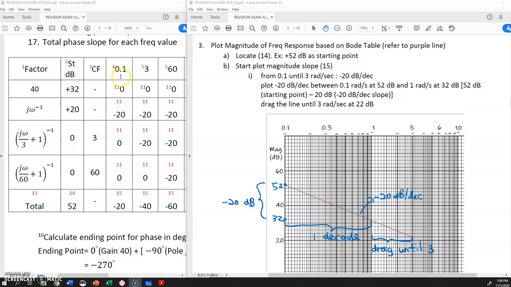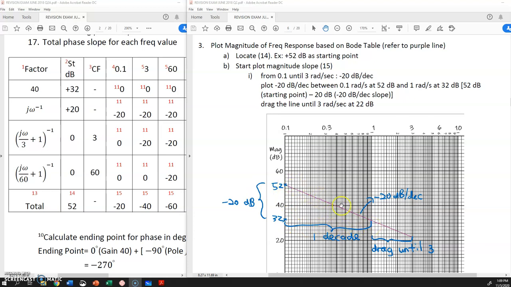The first, with the starting frequency of the magnitude plot, 0.1 until 3, the slope is negative 20. So from 52 until 1, you draw the negative 20 dB first for 1 decade.